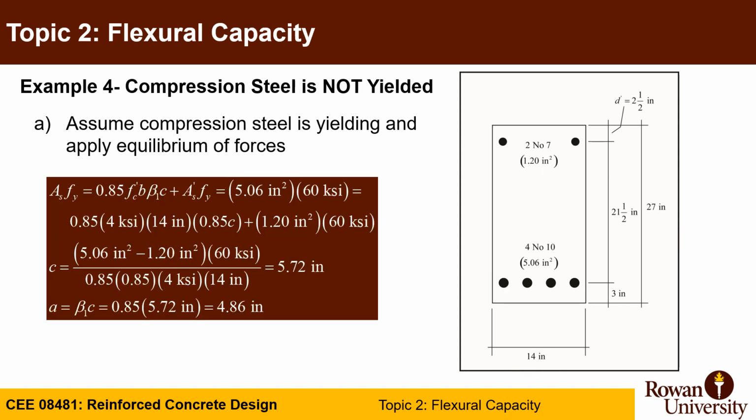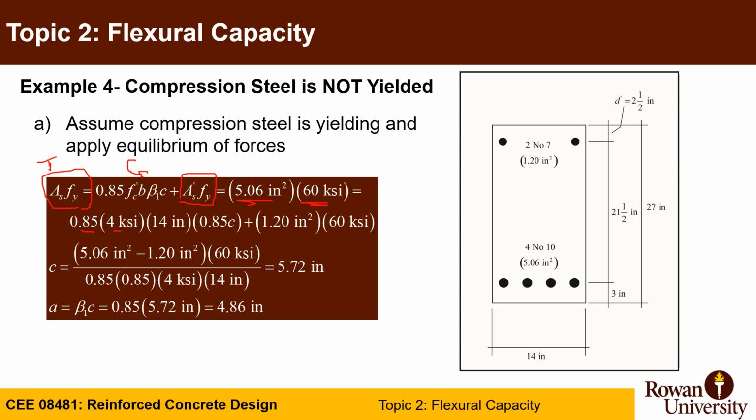First, we have to assume steel is yielded, same as before. AS yield in tension here is going to be the force. Tension would be the AS times F yield. CC will be 0.85 F prime C B beta 1 C. You have 0.85.